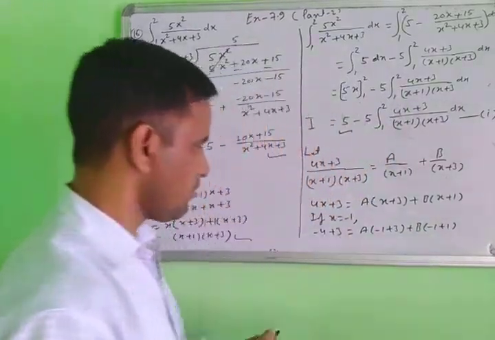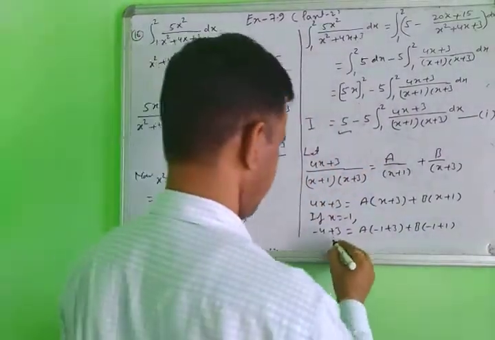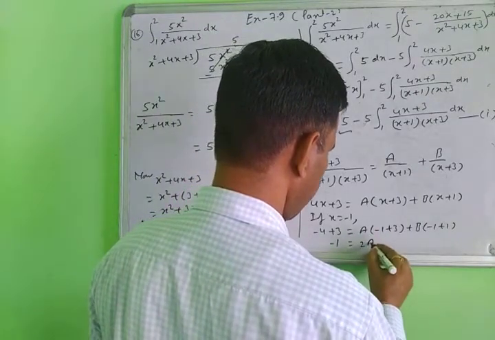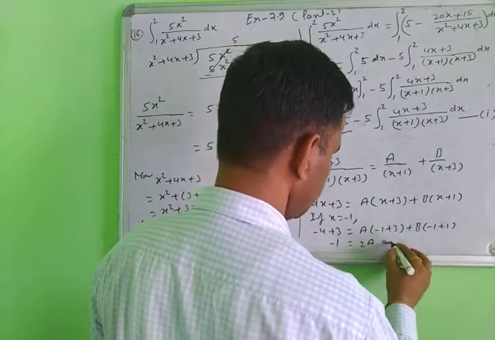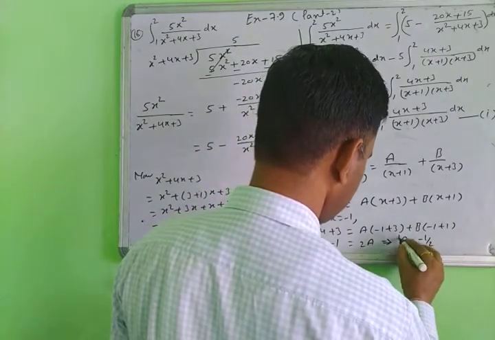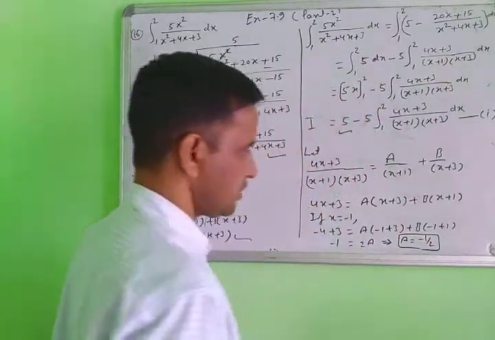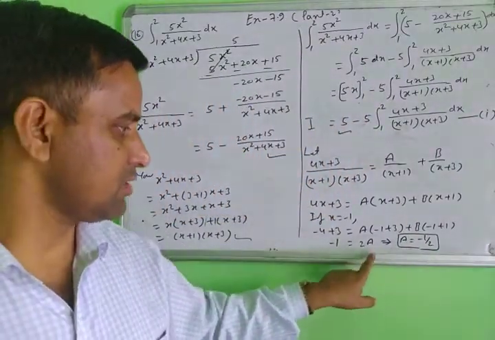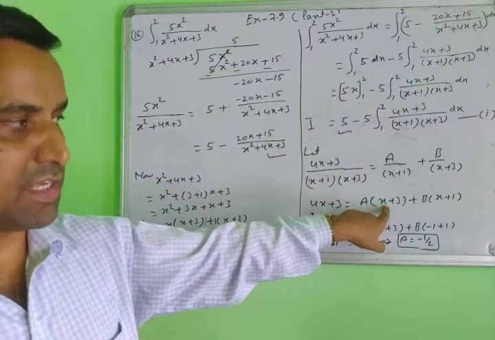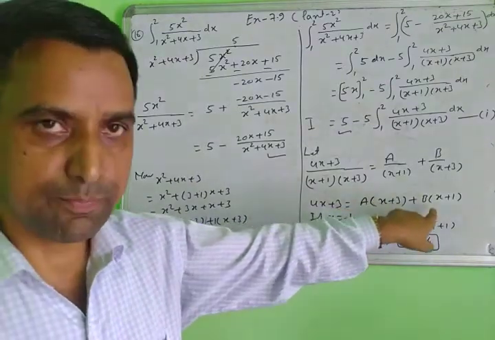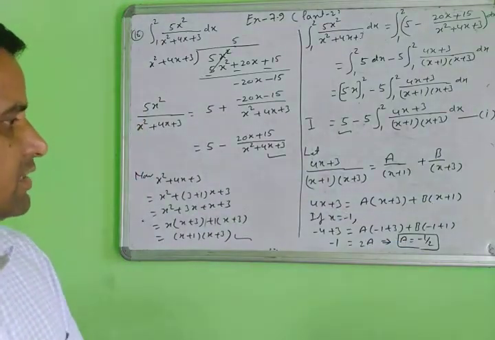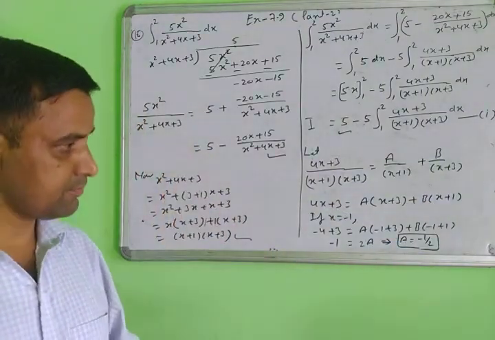The result here is minus 1, and on the right it is 2a, because this portion is 0. That means a equals minus 1 by 2. Similarly, putting x equal to minus 3, you get the value of the second constant b. Note it down, then you will solve the next part.